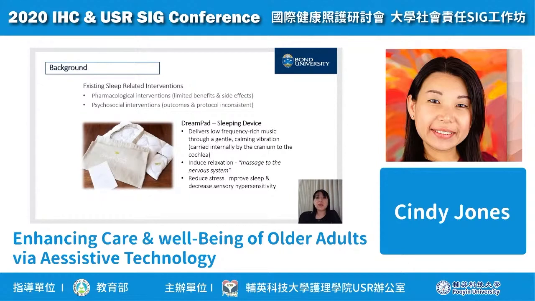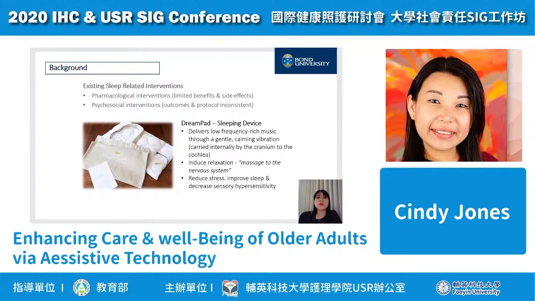However, to date, there have been limited options apart from pharmacological intervention like medication, and literature reviews of sleep in residential aged care reported really limited benefit, and quite concerning side effects in the use of pharmacological intervention to address sleep disturbances.